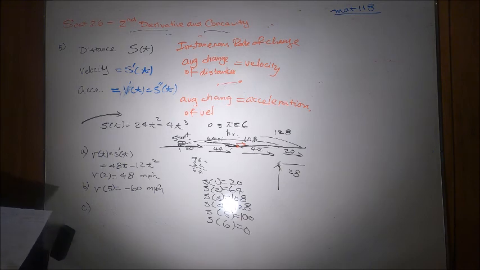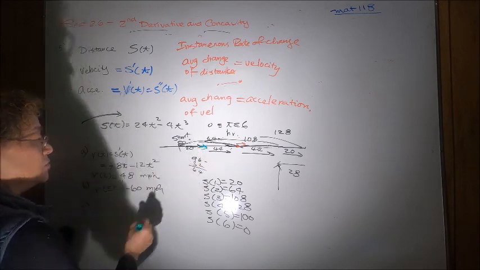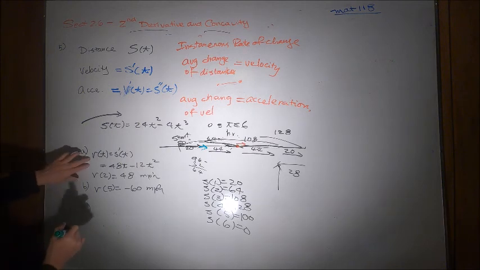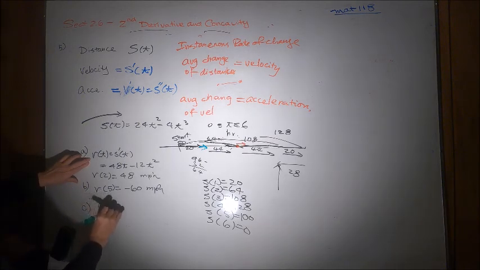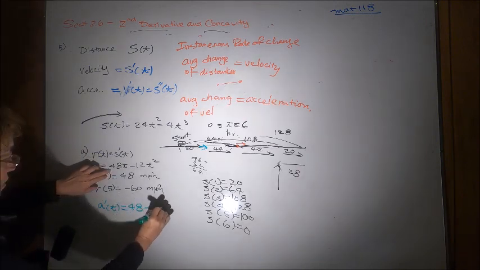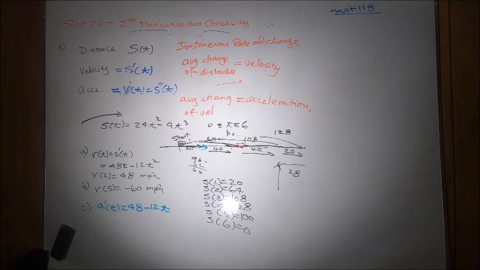Then the next question, find the acceleration of the truck after 1 hour. So what kind of acceleration after 1 hour? Must be speeding up, right? So acceleration is what? The derivative of the velocity. So taking a derivative here would be 48 minus 12t, right?